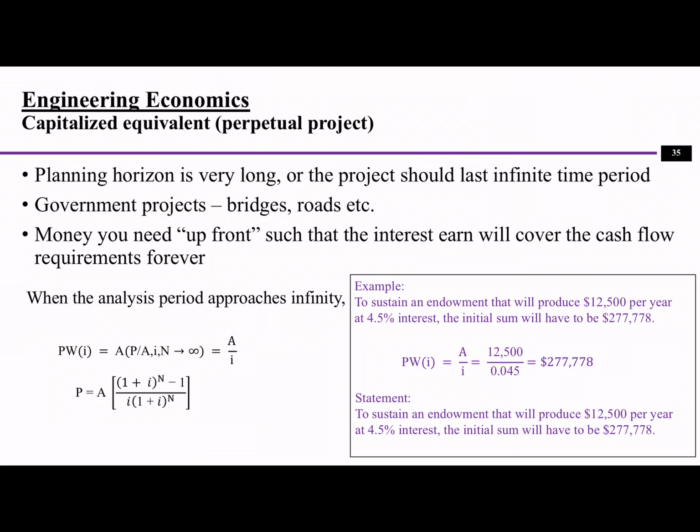This part will be 0. So in this case, we only have this part left, A over i. So this is the equation we are left with that we can calculate.